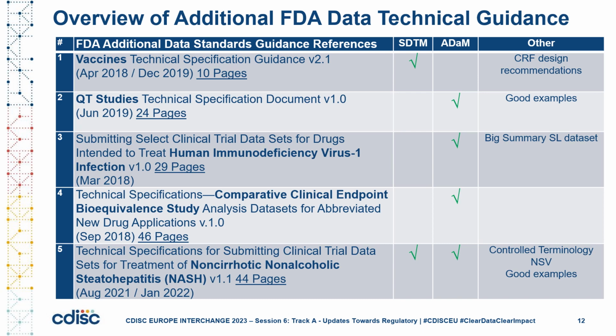The QT studies guidance, like the next two, only covers add-on topics. Together with the NASH guidance, it is the only one providing some real documents. All the other 4 guidance listed there cover add-on topics.